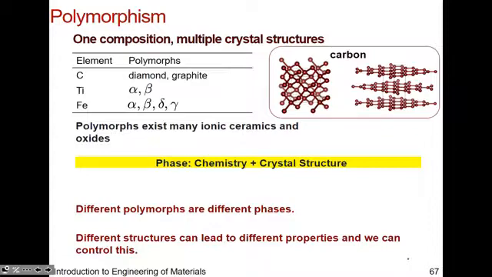The list actually goes on and on, but that's all to say, each of these Greek notations has different types of structures, which, once again, has implications for mechanical properties. So we can control the chemistry and control the crystal structure to get a particular phase in a material. So titanium, right, can also have different phases.